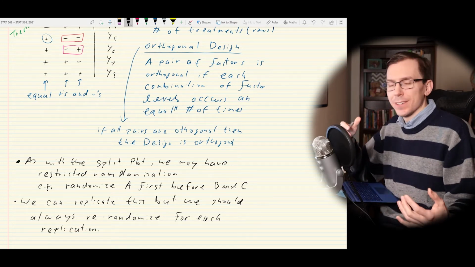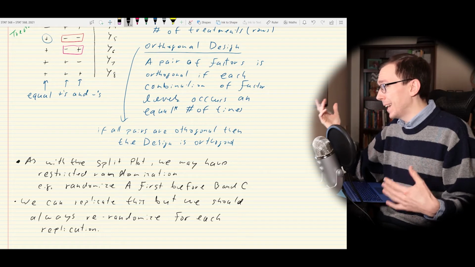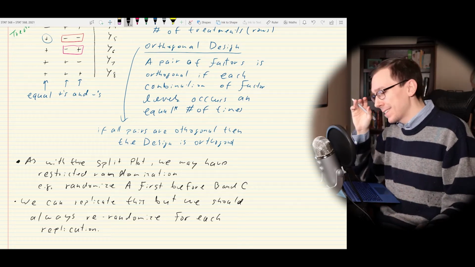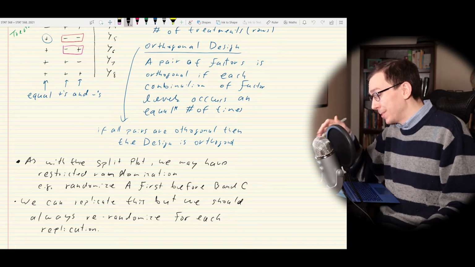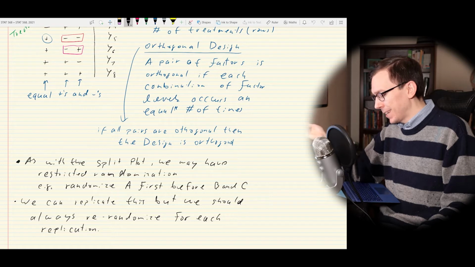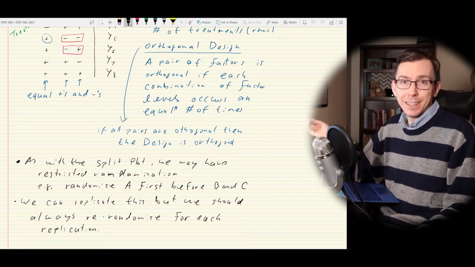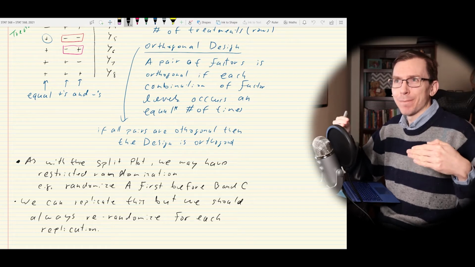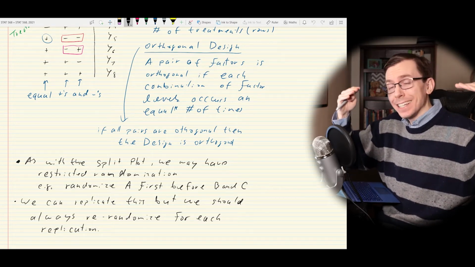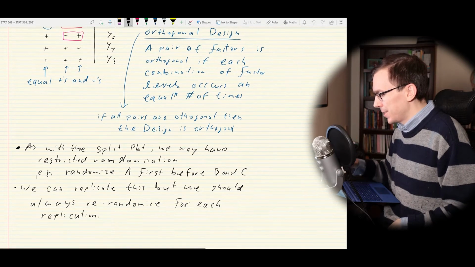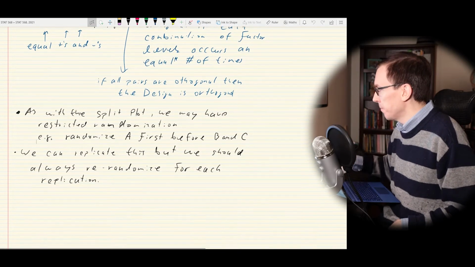So much like all the other designs we talked about, you can replicate this. It's going to double your sample size, so that may or may not be feasible. But regardless, if you do replicate that, you want to re-randomize everything again. You don't want to test your treatments, the rows, in the exact same order as you did last time. So it's always good to take that into account.